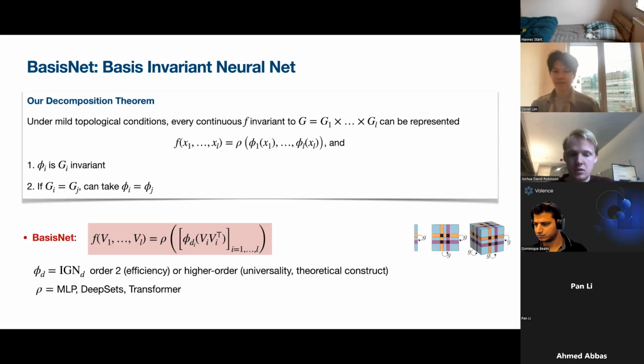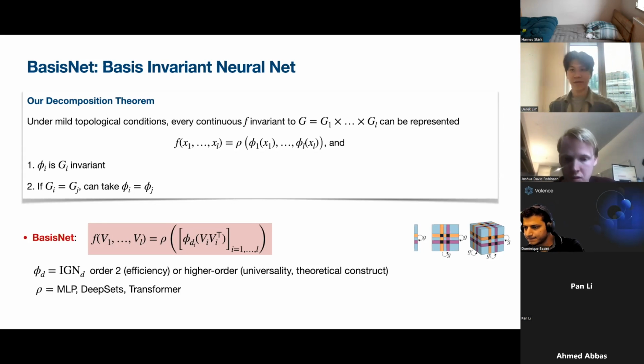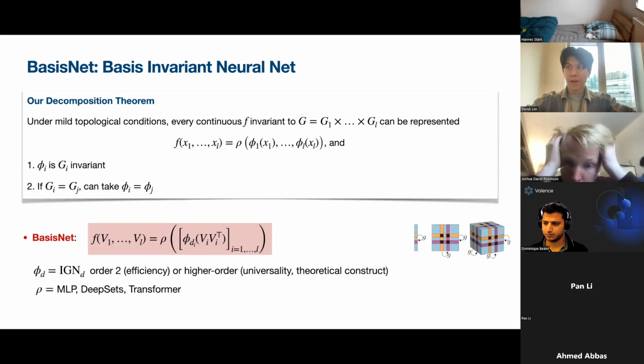Another question, maybe more on the higher order universality part. I guess the assumption behind that is that phi d, the function which works on that matrix, could be universal. Is that correct?